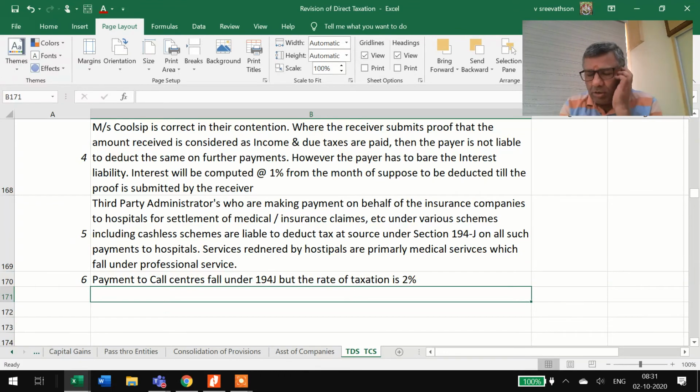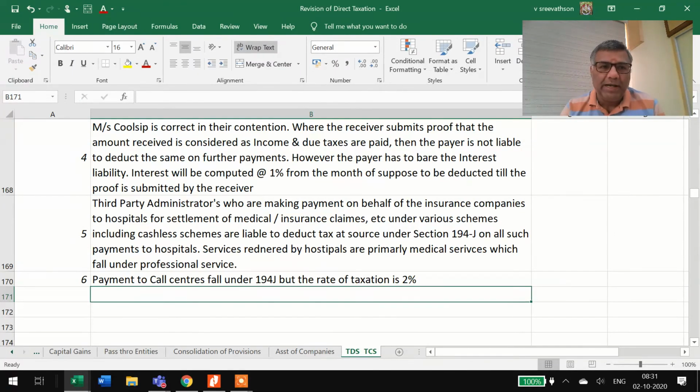Next year is going to be more confusing because technical services are 2%, professionals are 10%. Very confusing it's going to be. What is technical versus professional is going to be a long legal battle. So 2% is for call centers.